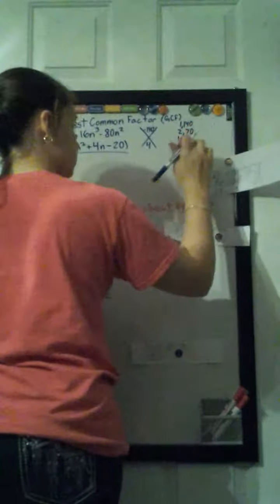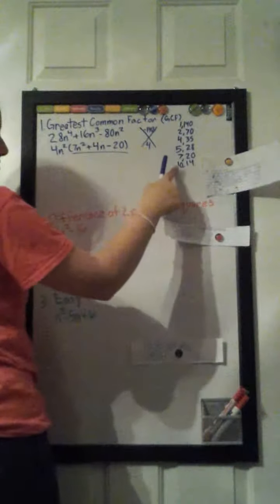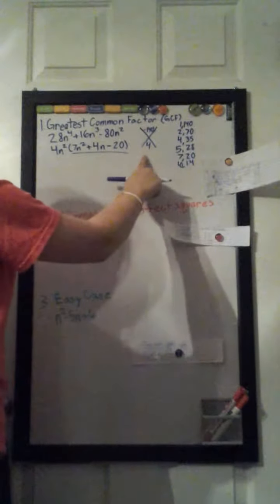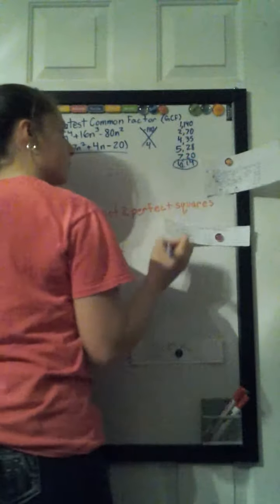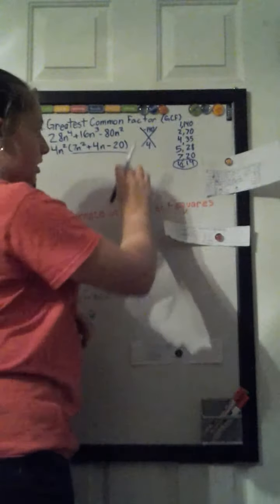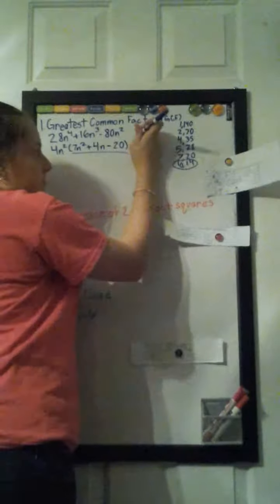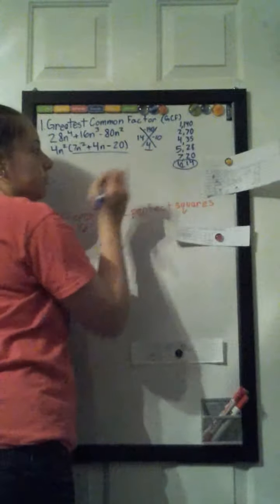So let's find which pair works. Between each of these numbers, the ones that make 4 would be 10 and 14. To get a negative, it would be a positive and a negative, so you would do 14 minus 10 to get 4.